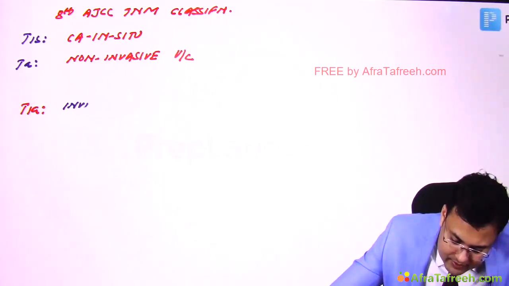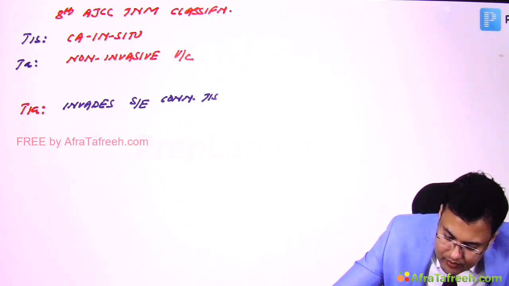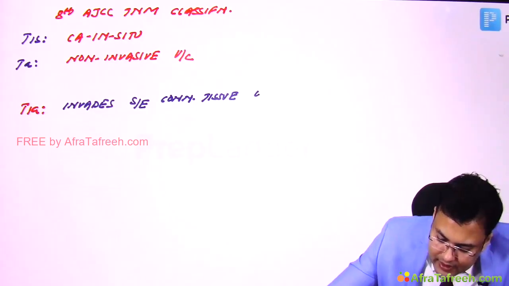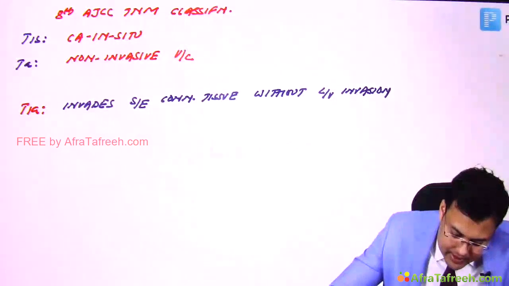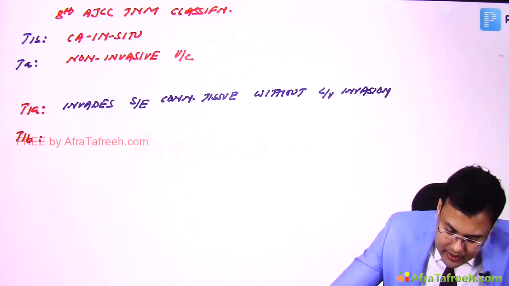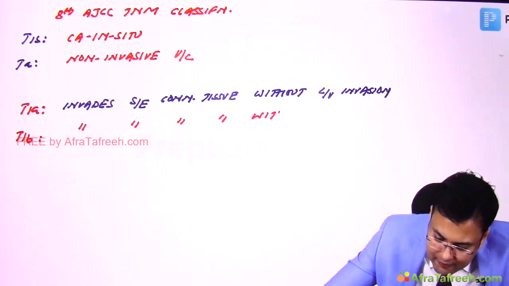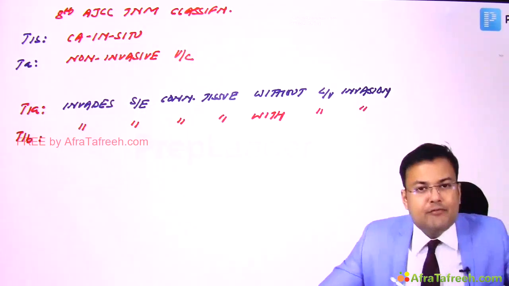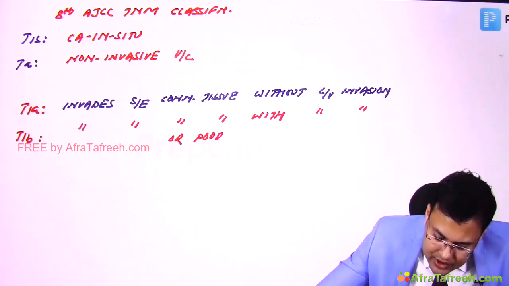Tumor invades subepithelial connective tissue without lymphovascular invasion. Clear? What happens in T1B? In T1B, the tumor invades subepithelial connective tissue with lymphovascular invasion, or it's poorly differentiated.